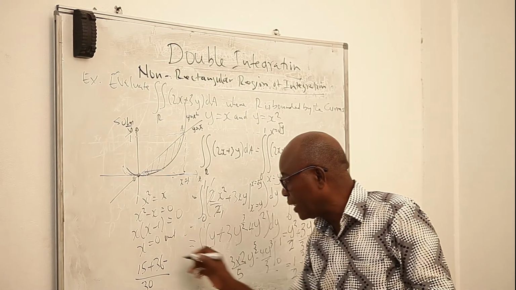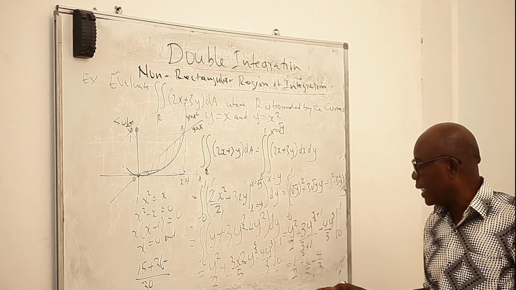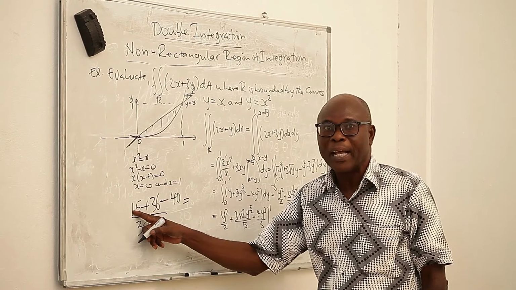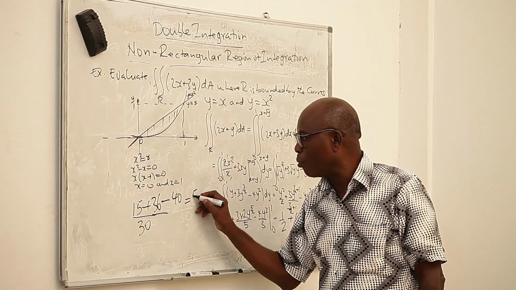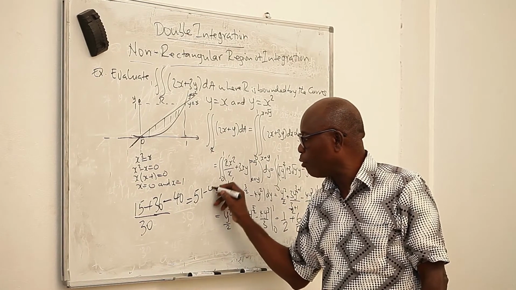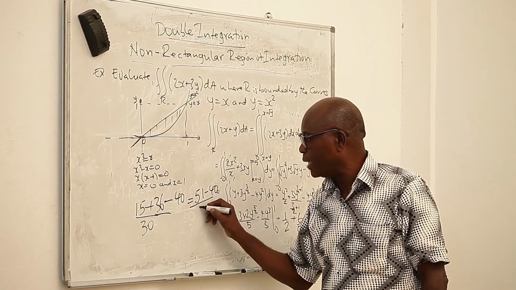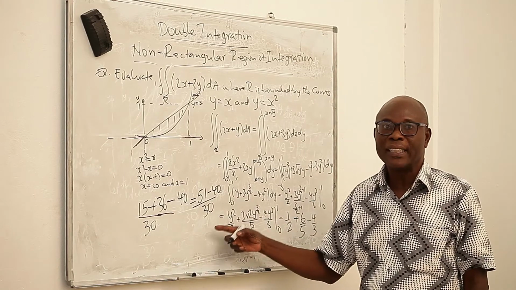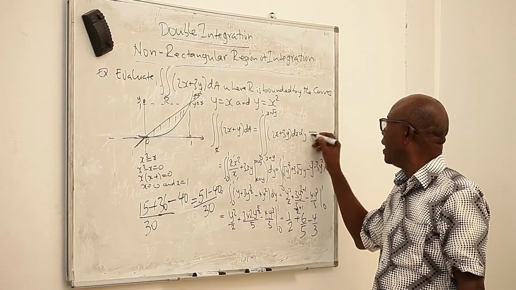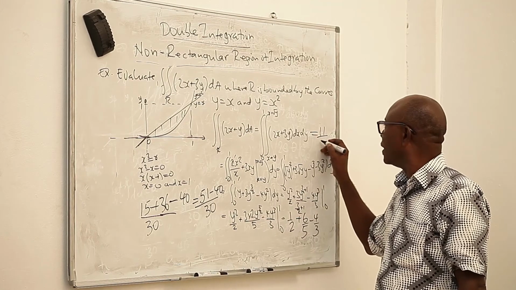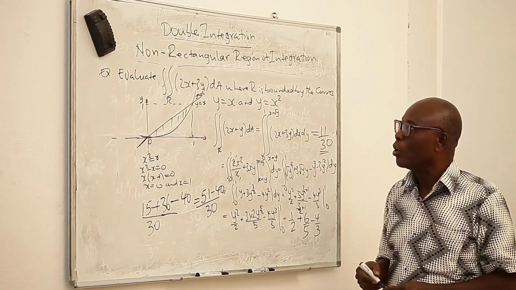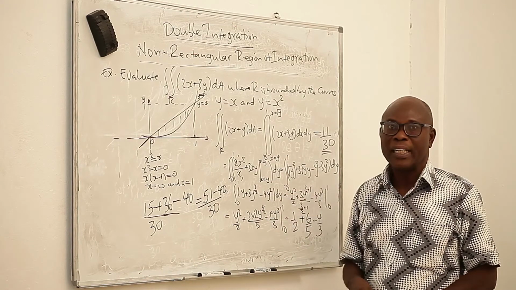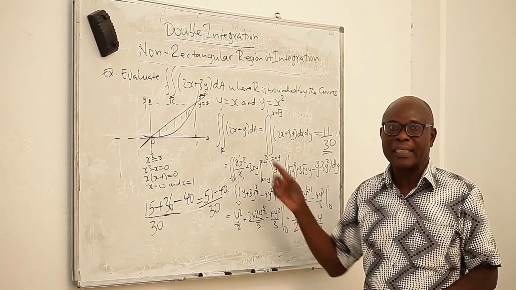Then minus, 3 goes into 30, 10, minus 40. 15 plus 36 will give us 51, minus 40, all divided by 30. And so 51 minus 40 will give us 11 over 30. And so that gives us the value of the integral along the x-axis.